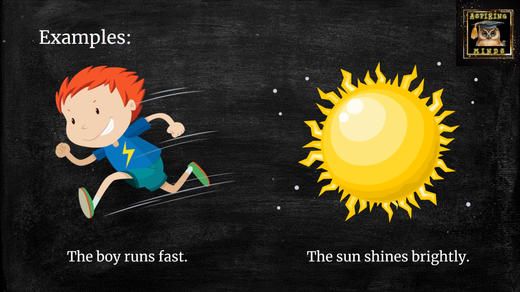So therefore the word fast becomes an example of an adverb. Similarly, in the second example, the sun shines brightly. The action word is shines, and further we are getting a description of how the sun is shining. It's shining brightly. See how often we make use of these sentences in our day-to-day life. It's not something new that you are getting to know today, but see how there is grammar hidden in every word that you utter.